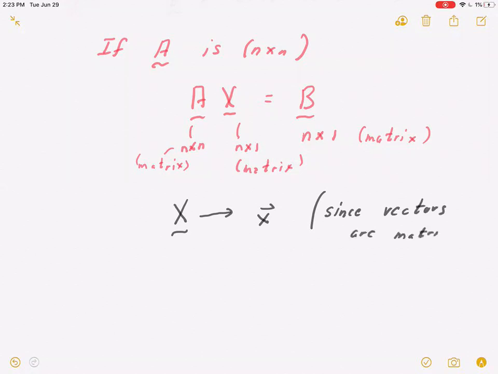All matrices are not vectors, but all vectors are matrices. And so that's what I can do for the matrix of unknowns. I can write it in terms of a vector. And I can take the constant matrix B and write it in terms of a vector lowercase b. Again, I can do this since vectors are matrices.